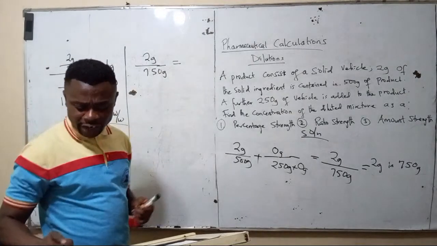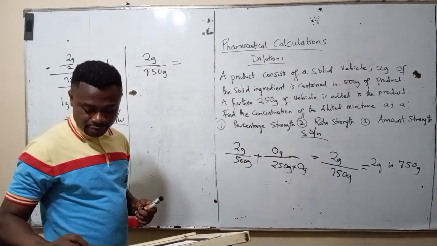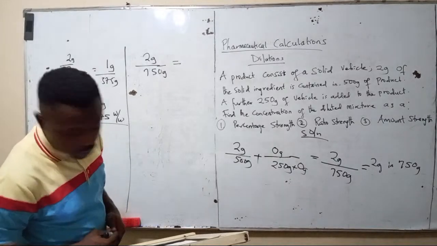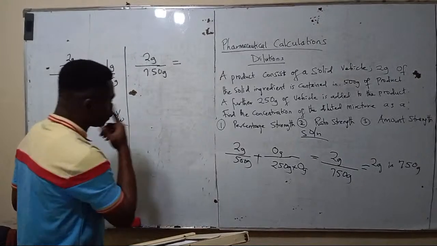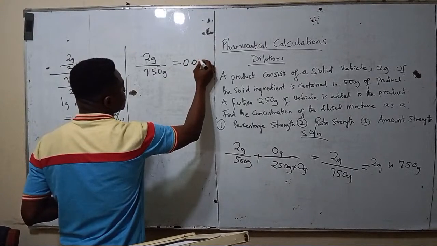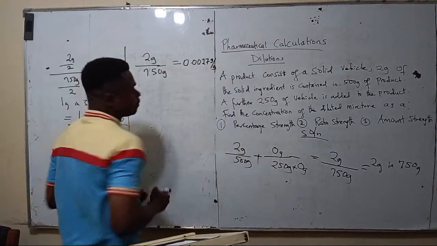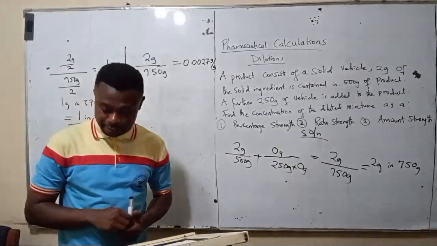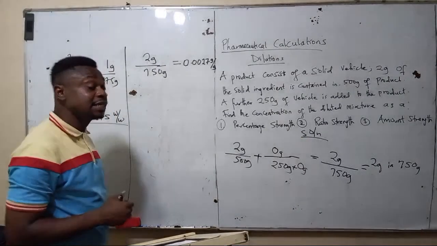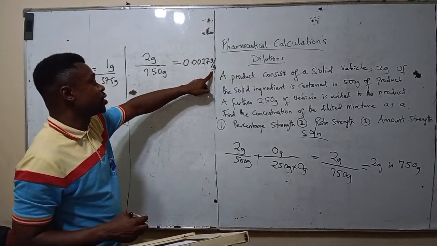If you divide through, 2 divided by 750, we have 0.0027 gram per gram.